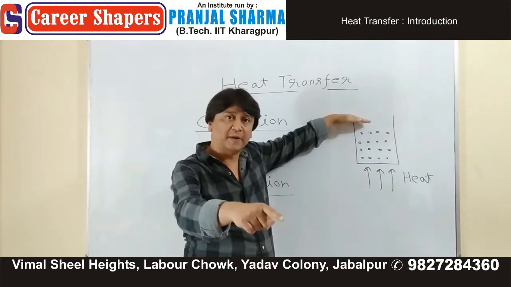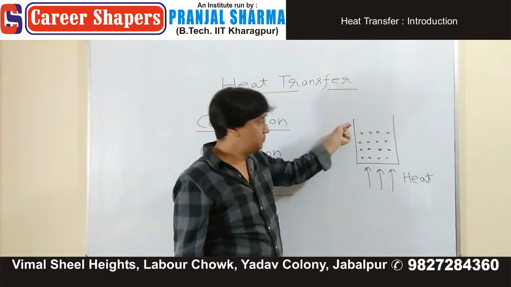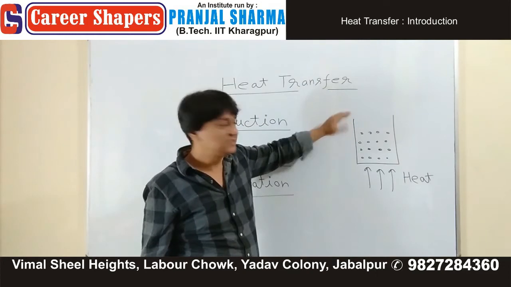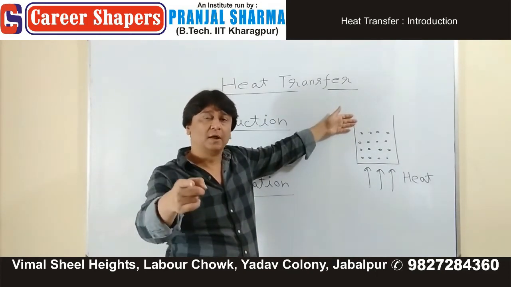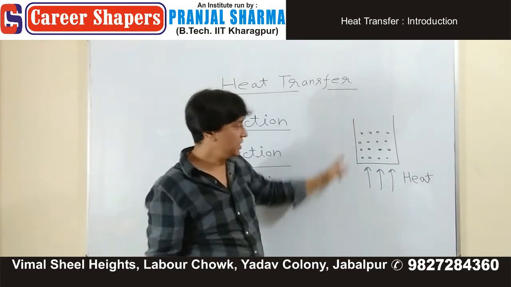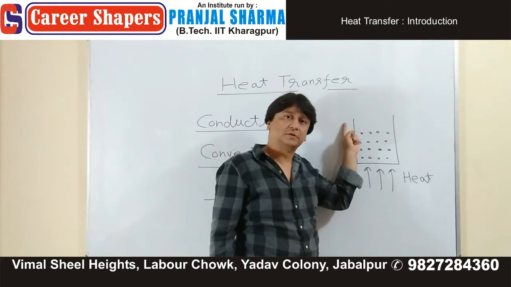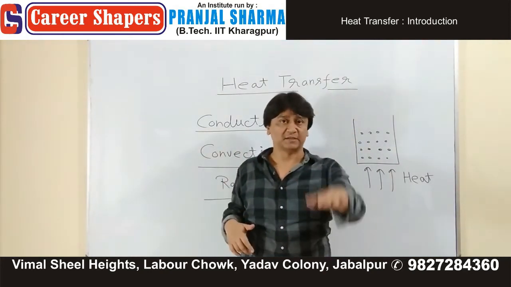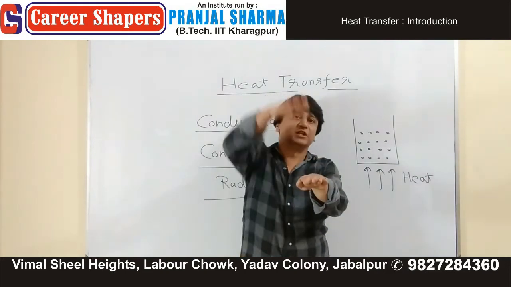Effective displacement takes place. The whole layer moves from this position to some other position. So you're transferring energy, but in this transfer of energy, whole thing is getting displaced. Whereas in conduction, nothing was leaving its place. It oscillated about its mean position and then it transferred the energy.